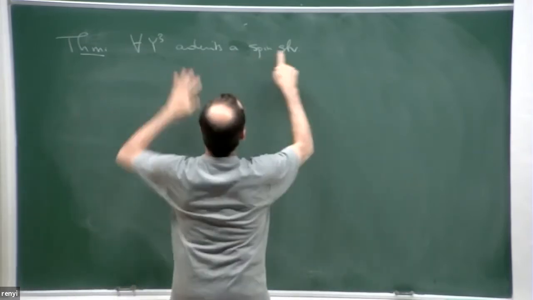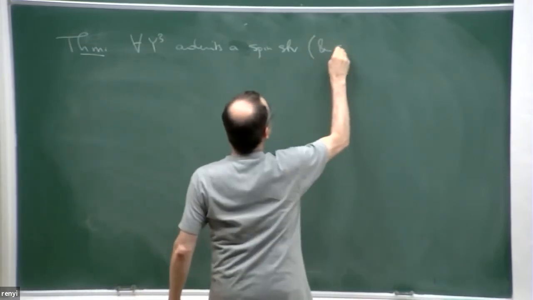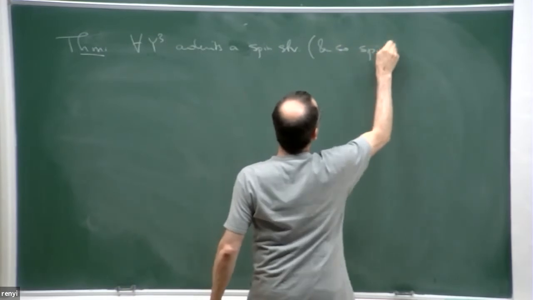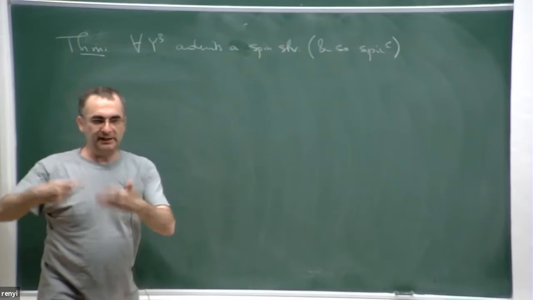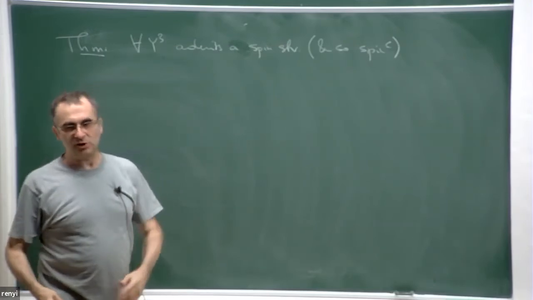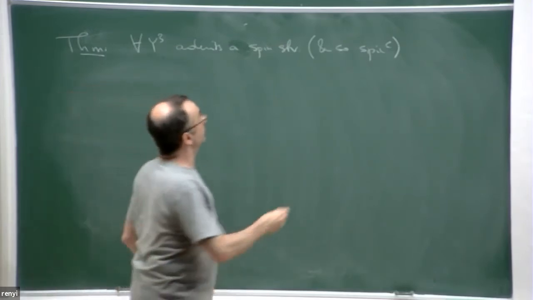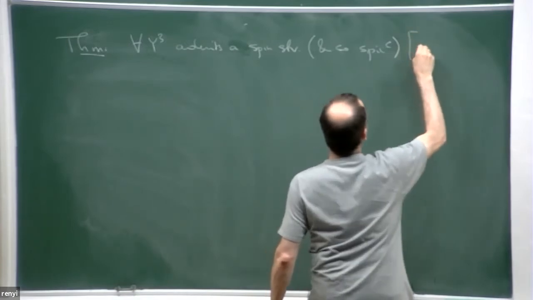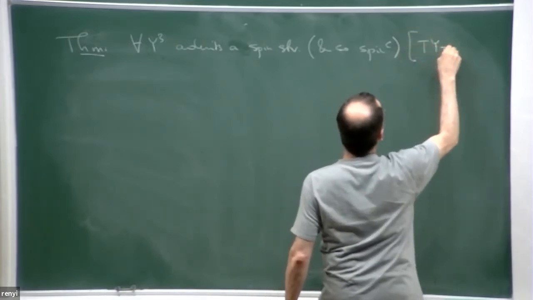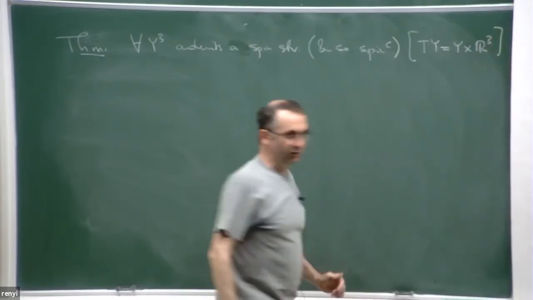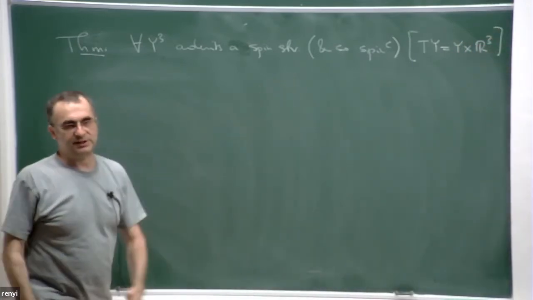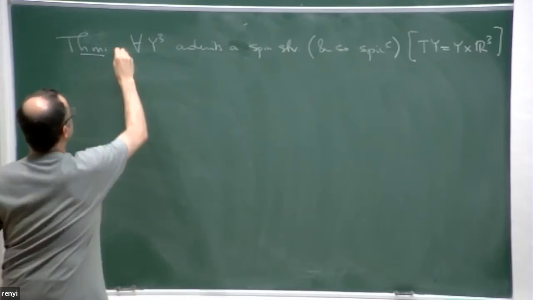So they all admit spin structures, and so spin C. And then we know exactly how many spin and spin C they have, depending on the first and second cohomology with different coefficients. The reason is that indeed TY is just the trivial bundle. So every oriented three-manifold has a trivial tangent bundle. So that's not a problem.